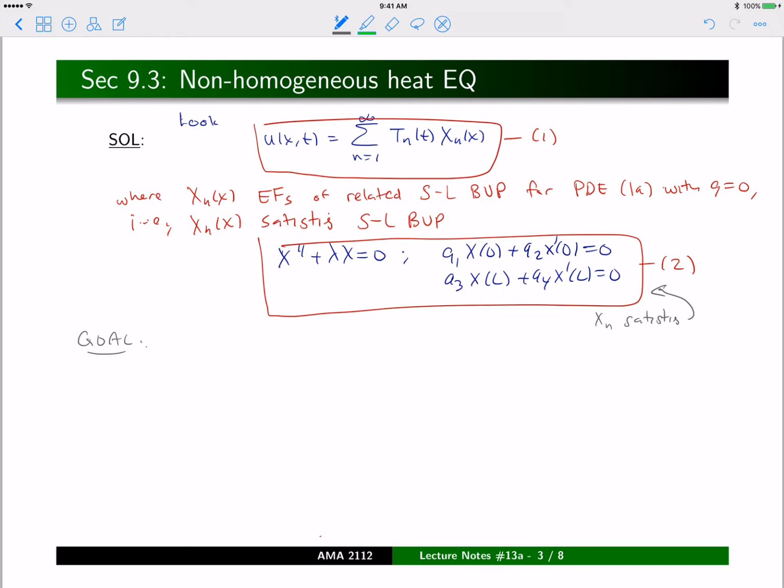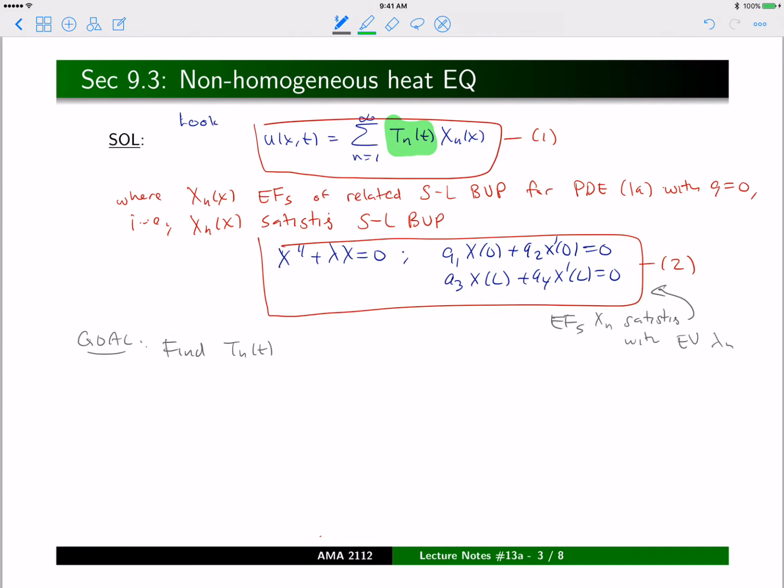These are eigenfunctions with eigenvalues lambda n. So the whole goal is to find these functions of time in front of Xn of x. The whole goal is to find Tn of t.